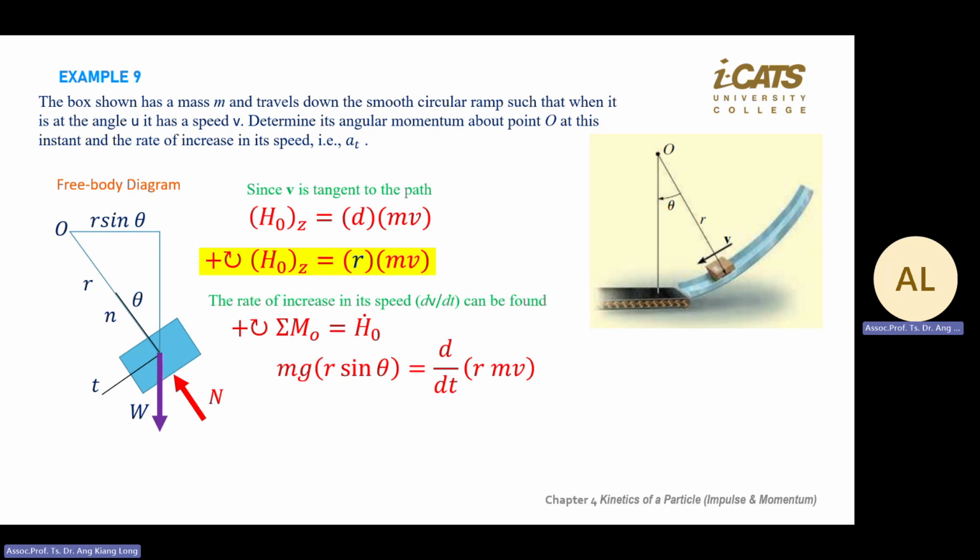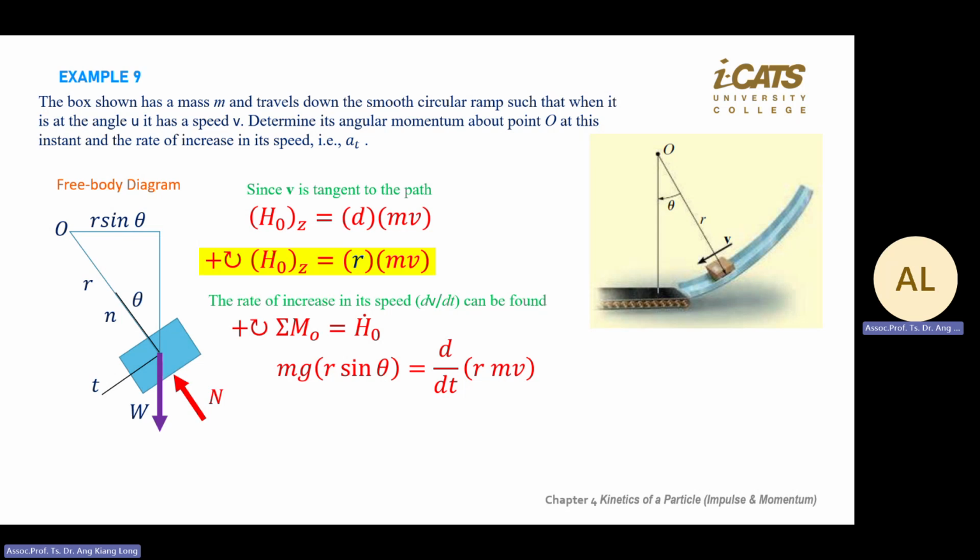Now the right-hand side is the time differential of your angular momentum, so there's a dot there. You need to do differentiation of your angular momentum. Angular momentum equals R multiplied by mv. Of course, in the more textbook answer there's a cross here, but we do it in scalar terms.